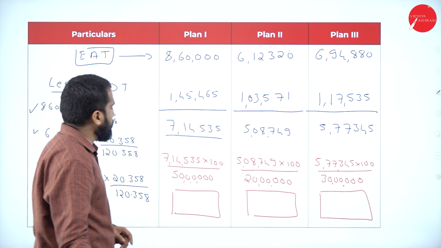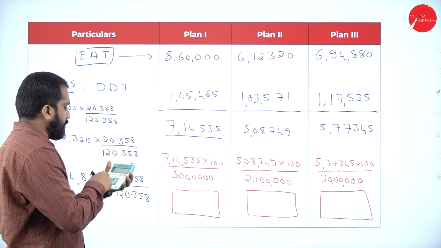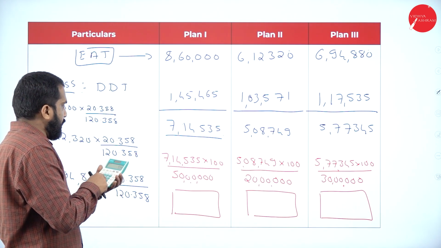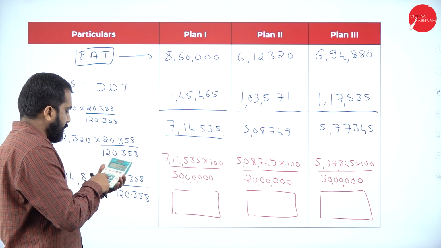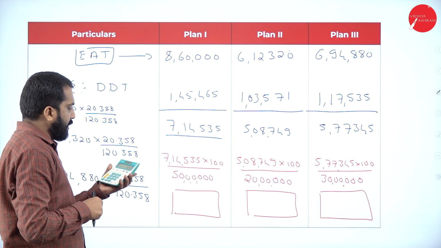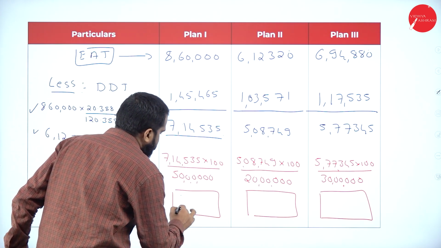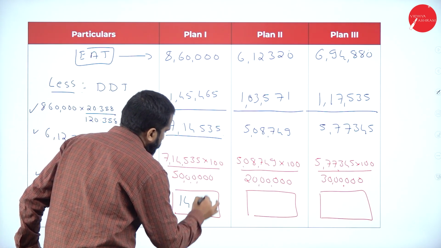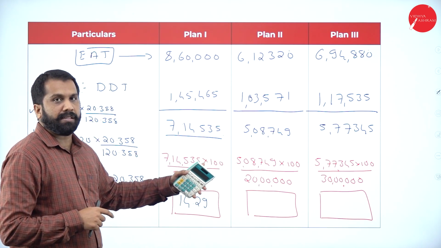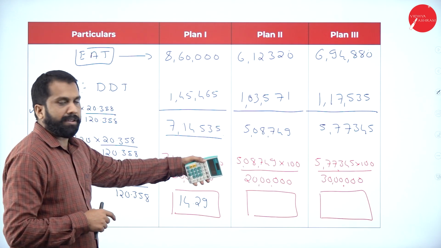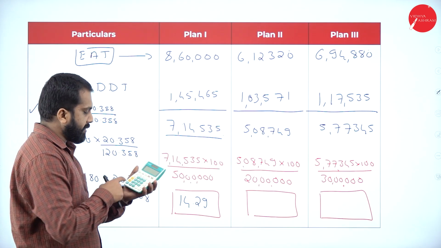Your final answer is 7,14,535 multiplied with 100 divided by 50 lakh. I got 14.29. What is the second one? Everything is in the percentage because multiplied with 100 means always it goes with percentage.